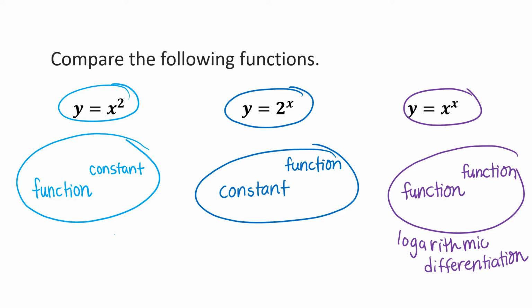We know what to do if we have an x squared, and we know what to do if we have a constant to an x. So we know how to deal with powers, and we know how to deal with exponential functions. But this, we don't even really give a specific name. We have a function to a function. So let's look at what to do when that happens.